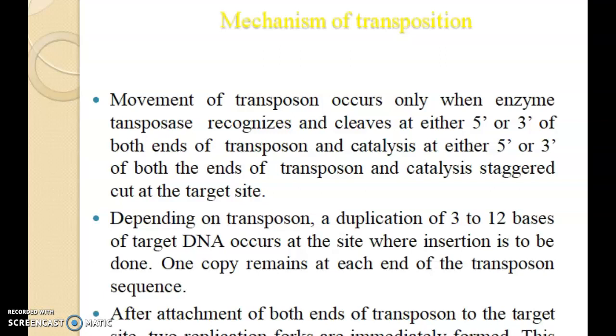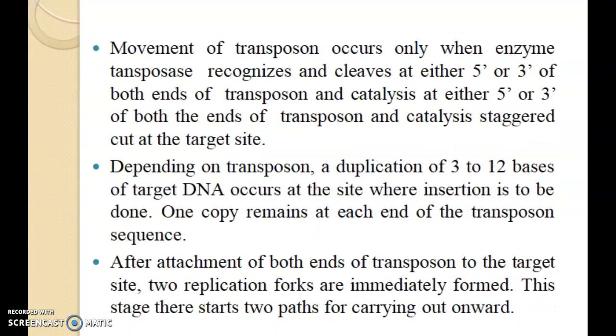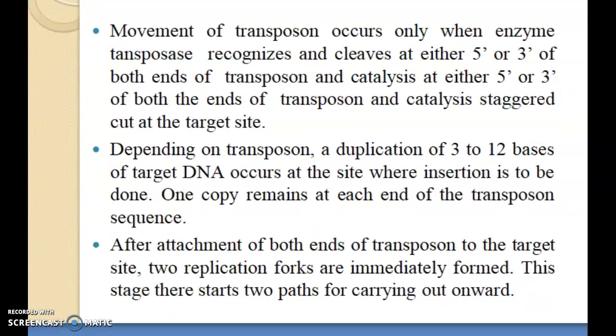Depending upon the transposon, a duplication of 3 to 12 base pairs of target DNA occurs at the site where insertion is to be done. One copy remains at each end of the transposon sequences. After attachment of both ends of the transposon to the target site, two replication forks are immediately formed. At this stage two paths of onward mechanism start.